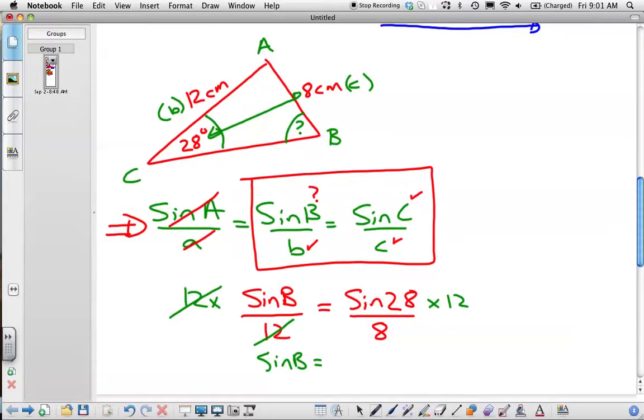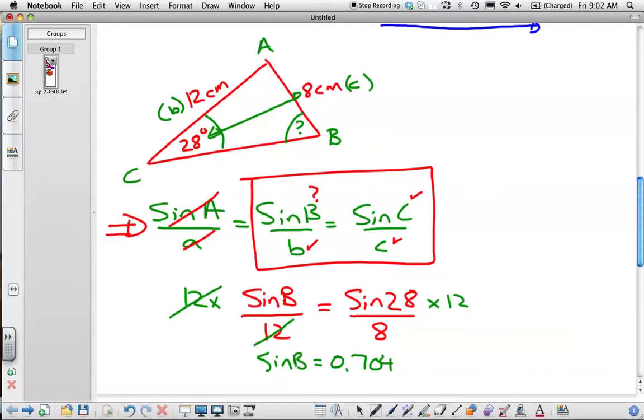Now I do that on my calculator. If you take your calculators out, you take the sine of 28 times by 12, and then you're going to divide that all by 8, and you get here 0.704. Now you'd keep this value in your calculator.